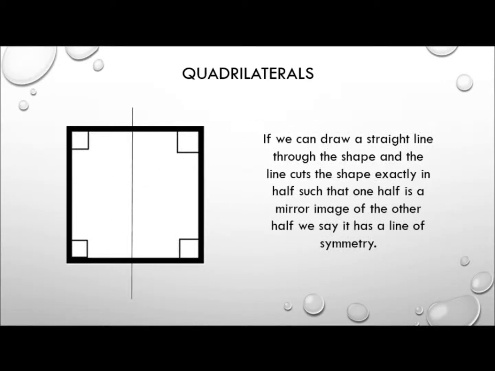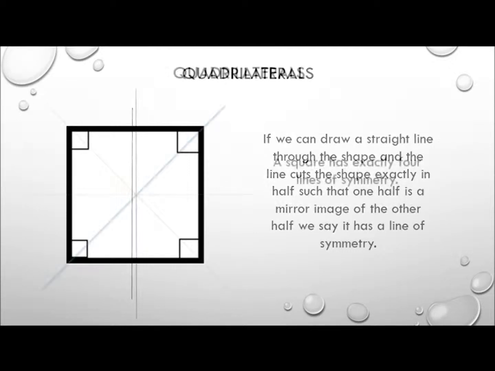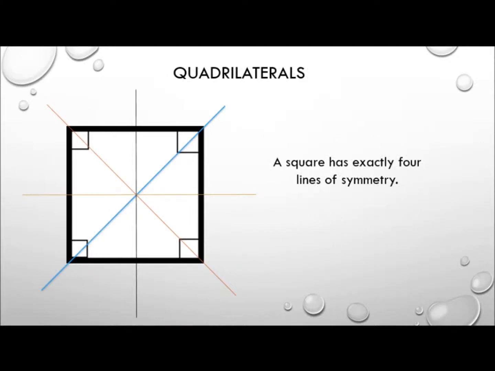If we can draw a straight line through the shape and the line cuts the shape exactly in half, such that one half is a mirror image of the other half, we say it has a line of symmetry. A square has exactly 4 lines of symmetry.